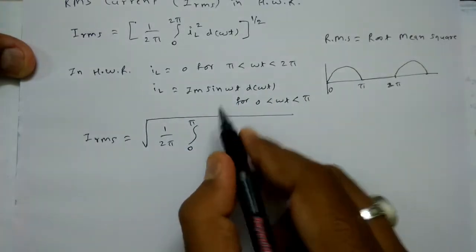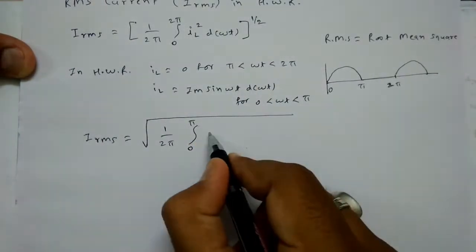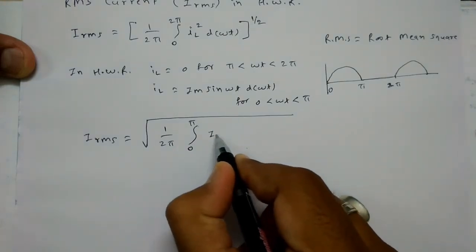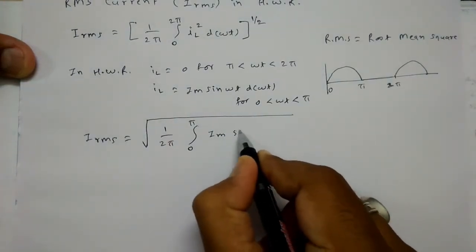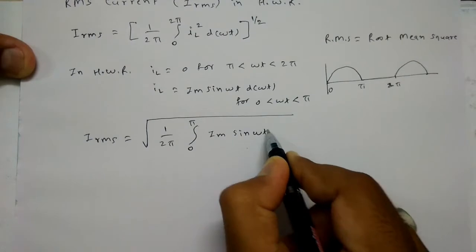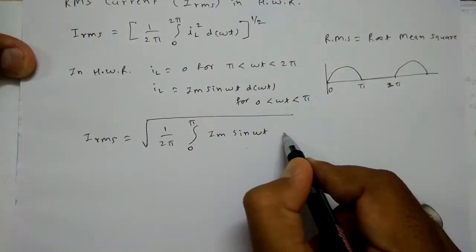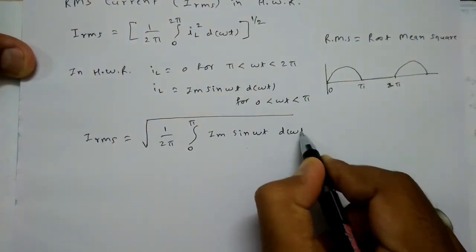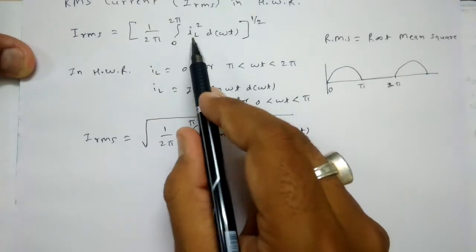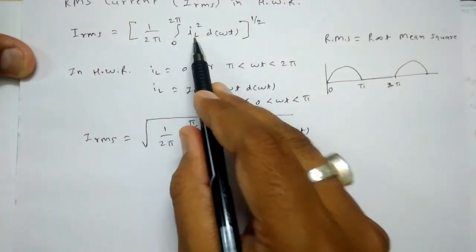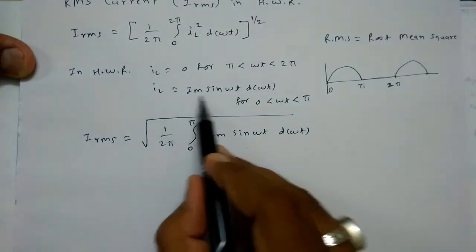So now instead of IL I am writing Im sine omega t, right? And d omega t. But in the equation we have square of IL, and that's why I should take the square of this term also.